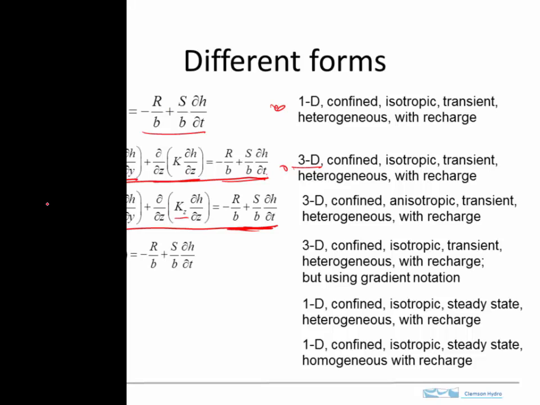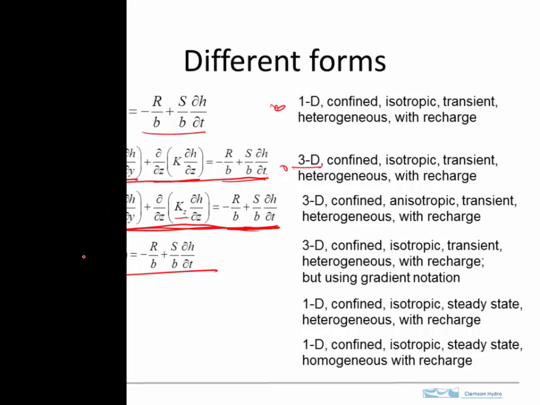And this equation here can be rewritten like this, where this means the gradient of h, and this del, there should be a little dot there because it's the divergence.